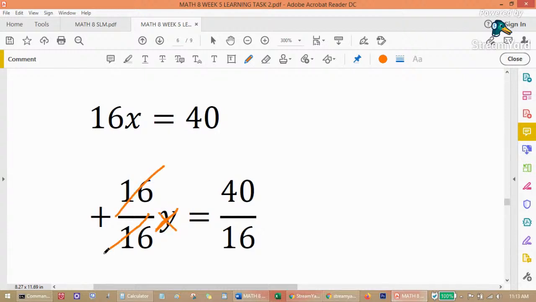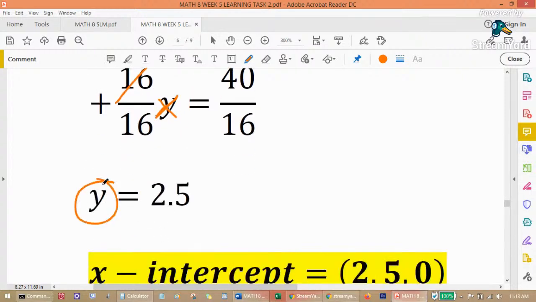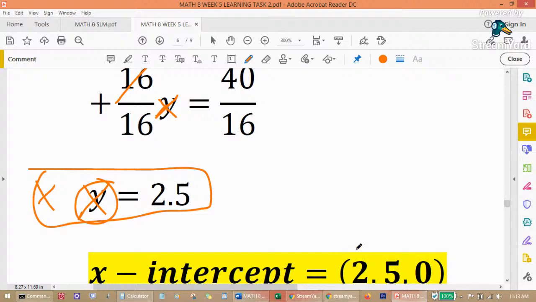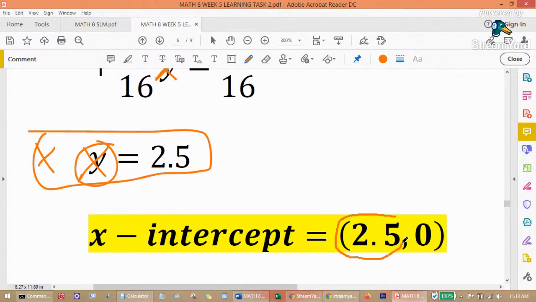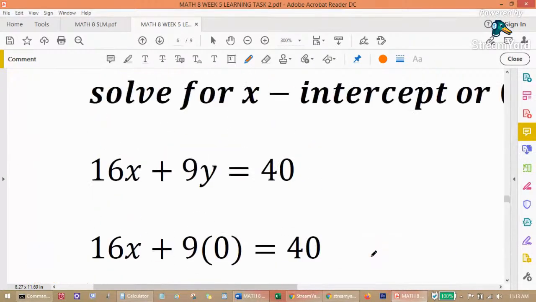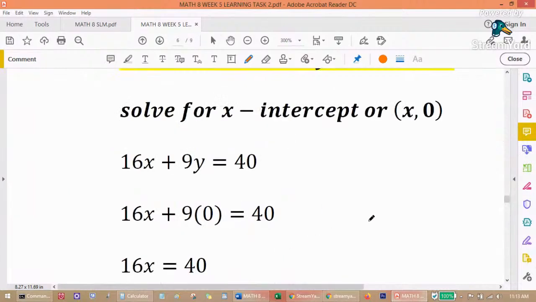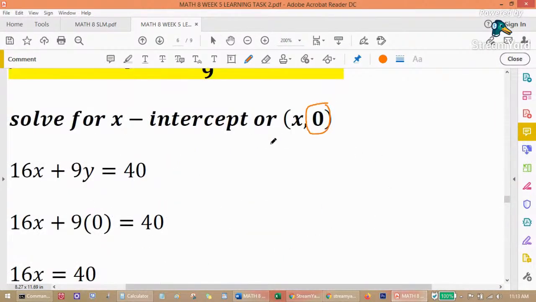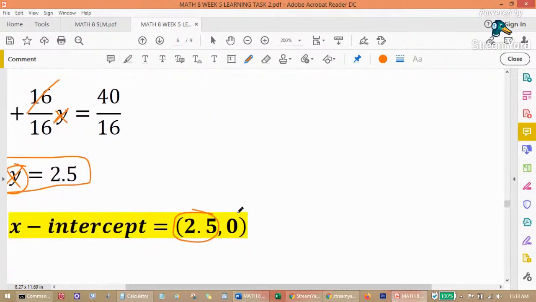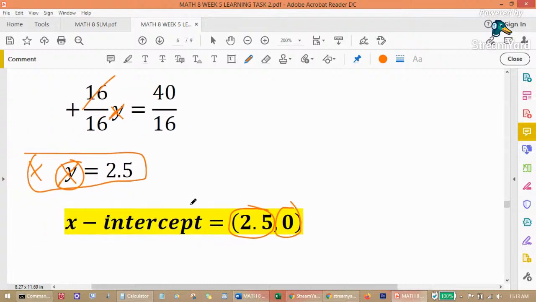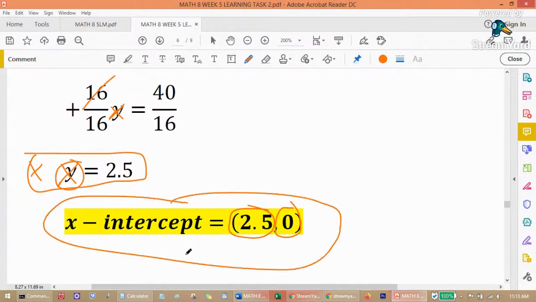Okay, so nag-cancel to. Ibig sabihin, ang may iwan dito is x. So x is equal to 2.5, pag ang y is 0. Itong y, ginawa niya 0. So this is the x-intercept.